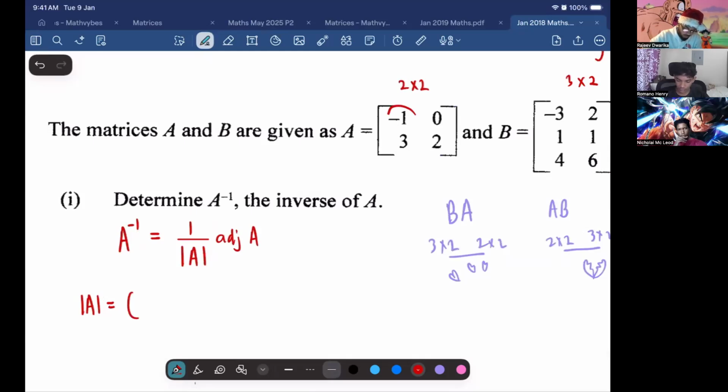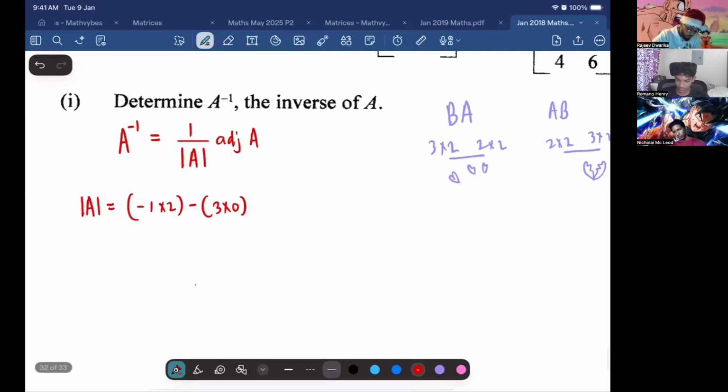So yeah, minus 1 by 2, the product of the first diagonal, right? Minus 1 by 2. Then what? 0 by 3. Subtract 0 by 3. I got 3 by 0, but 0 by 3 is the same thing, right? What is minus 1 by 2? Negative 2. Let Deja answer, right?